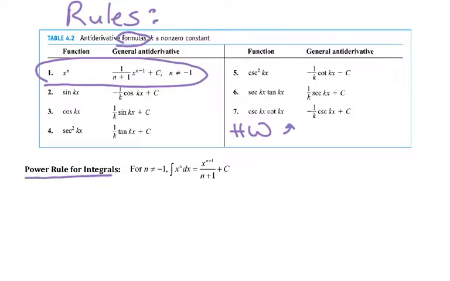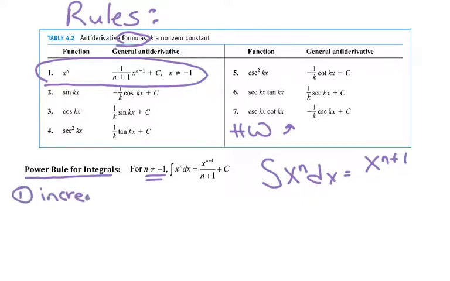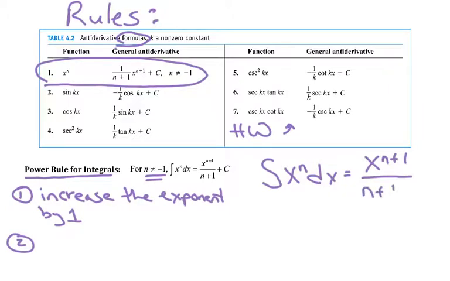What this says is the antiderivative of x raised to some power, as long as it's not -1, the first thing we do is increase the power by 1. And the second thing we do is divide by the new exponent.